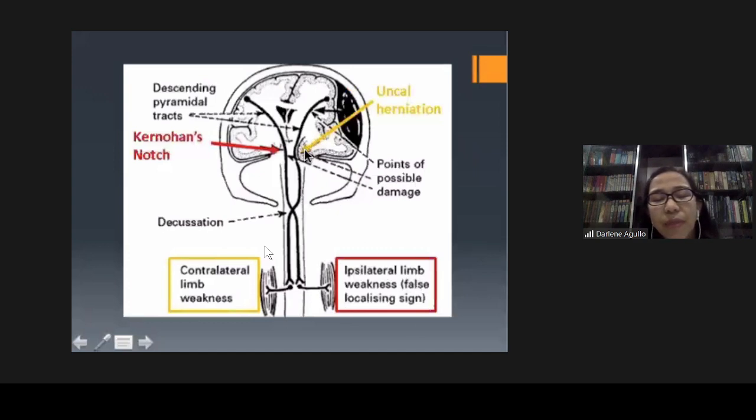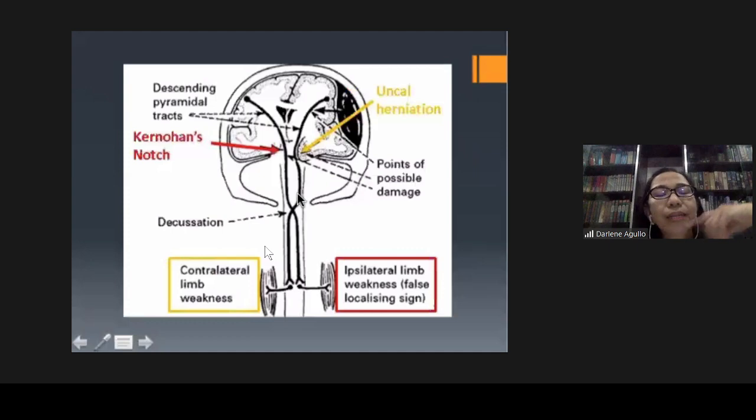This is a false localizing sign kasi pumasok na dito yung uncus na ipit yung contralateral midbrain sa tentorial notch on the opposite side. Yung very stiff kasi di ba dural fold din ito. So you will have an ipsilateral weakness then. So meron ka nang contralateral limb weakness, meron ka pang ipsilateral limb weakness. So this is a false localizing sign.